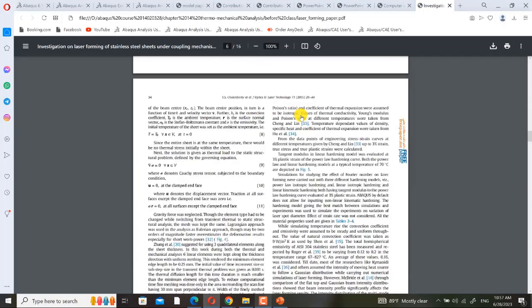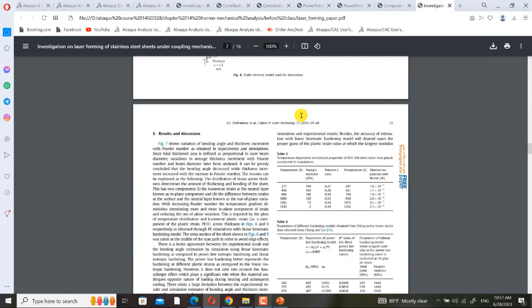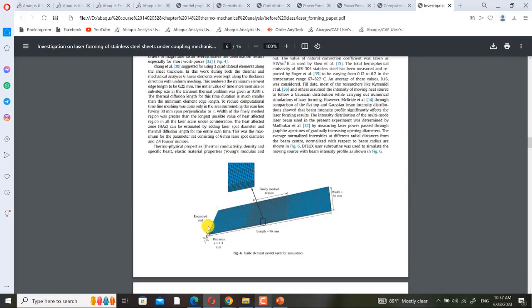It's very interesting. One side is fixed and one side is free. Then you apply laser here, and the laser moves, but not for one pass. For example, for a lot of passes, 15 passes, 30 passes, 100 passes, and then the plate will bend.